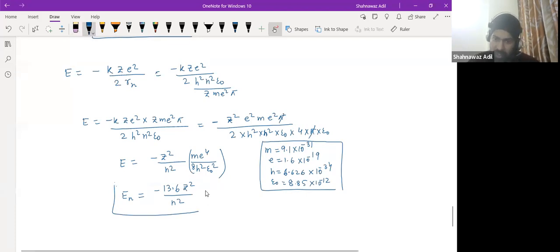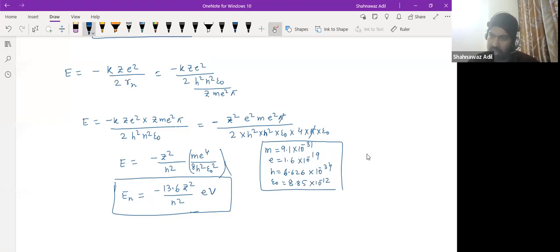So this would be in electron volts. Whatever this value is, it gives minus 13.6 electron volts. This is the value. Is it clear, guys?